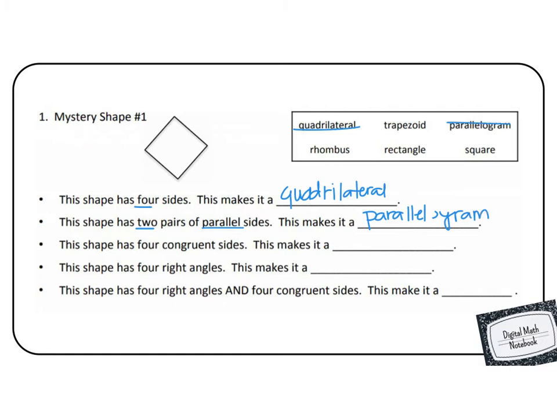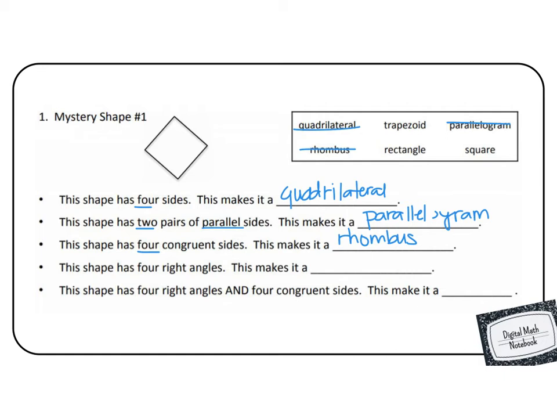Our next clue says this shape has 4 congruent sides. That makes it, okay, well, let's see. We're trying to start at the top of our hierarchy, so it's not a square yet. 4 congruent sides means that it is a rhombus. This shape has 4 right angles. That makes it, okay, now we can get there.